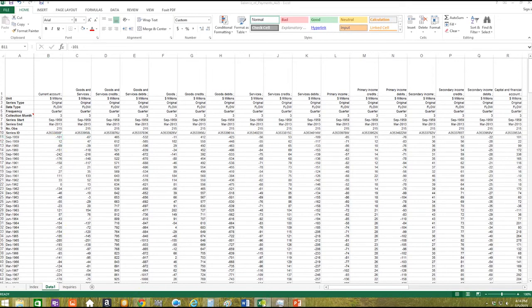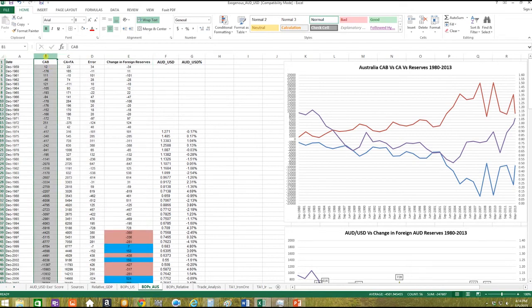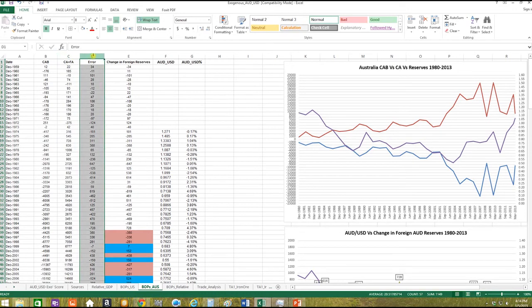Now, if you take the items that are actually relevant to our analysis, what we really want is the current account balance, the capital account balance, the error, so the capital account balance plus the current account balance, and the inverse of the error, which is the balancing item. So we work that out ourselves.